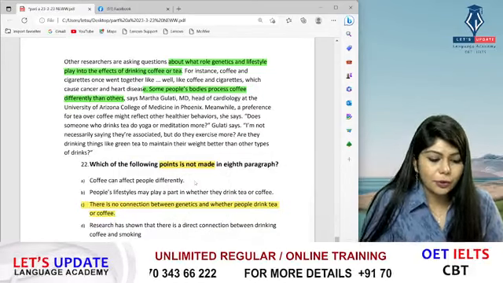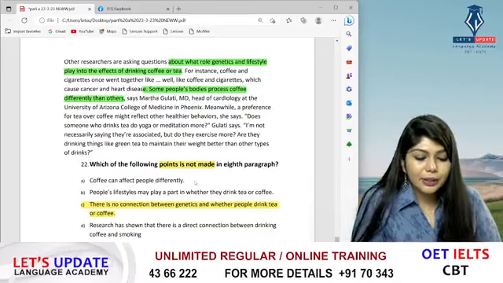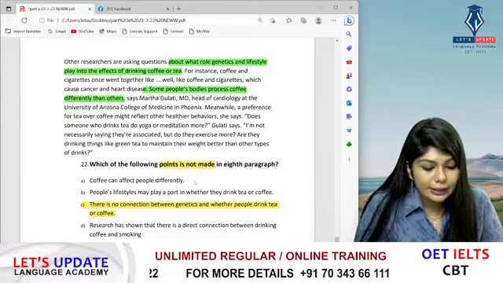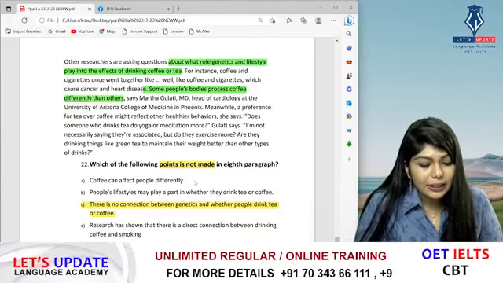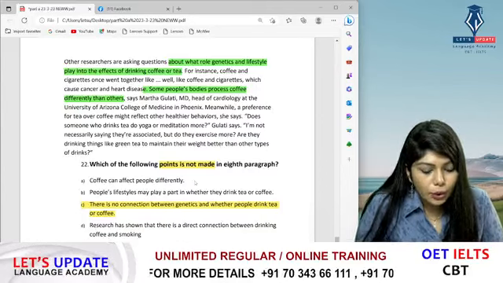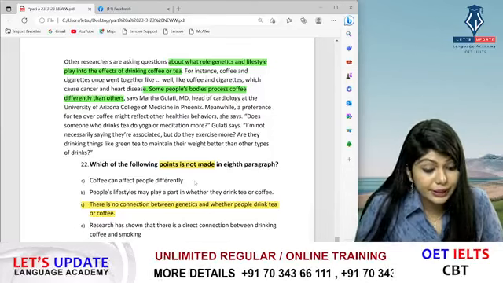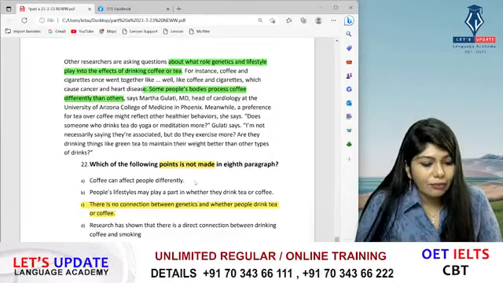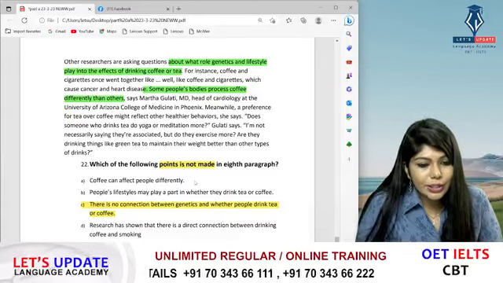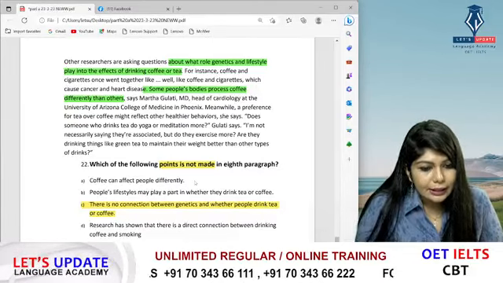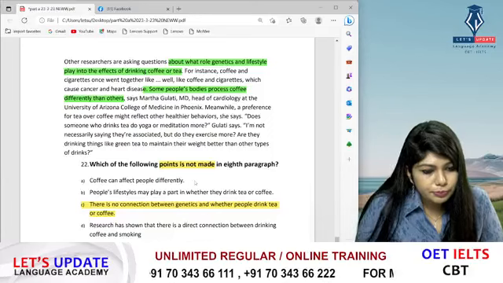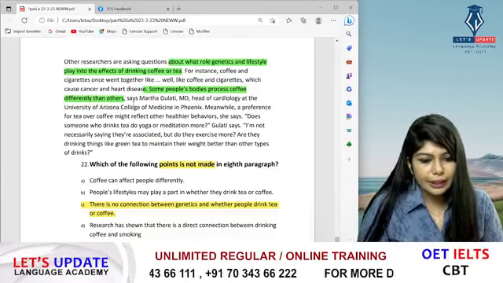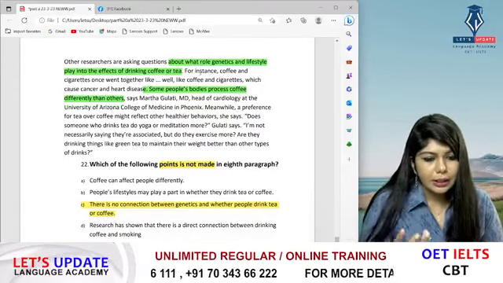In the paragraph. And moving towards D, just look at whether it's mentioned or not. Research has shown that there is a direct connection between drinking coffee and smoking. They have mentioned a connection over there, right? Over here they have mentioned an association.